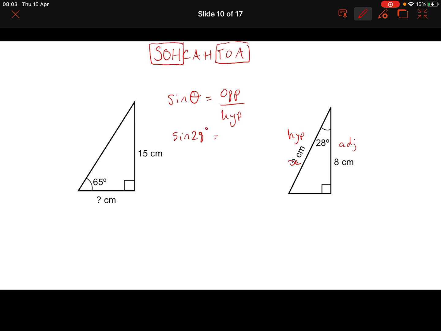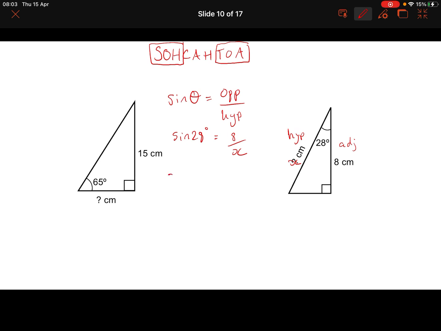Sine 28 degrees, which is just a number. That's your calculator telling me the correct ratio for the sides, is equal to the adjacent, 8, over the hypotenuse, which is x. So again, the x is in the denominator.